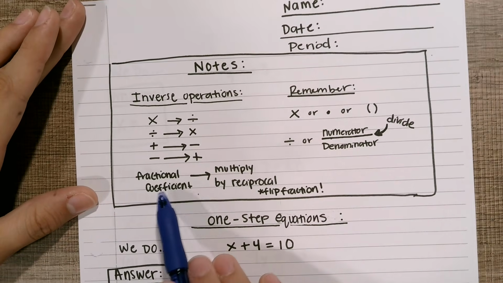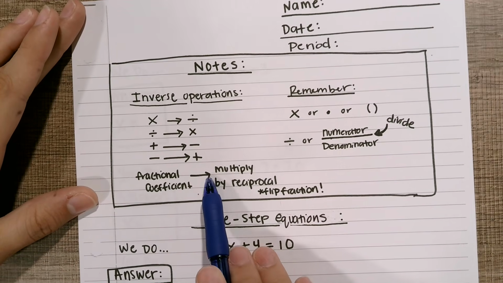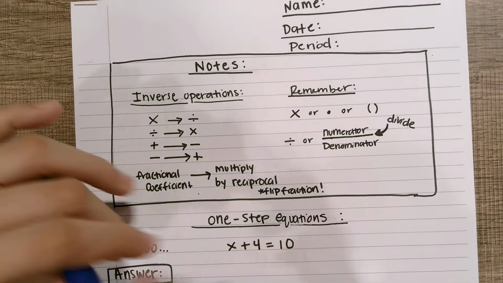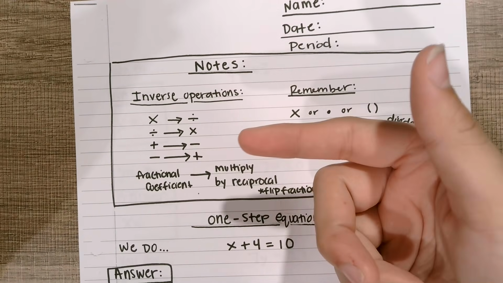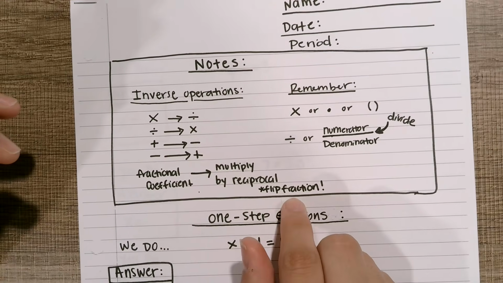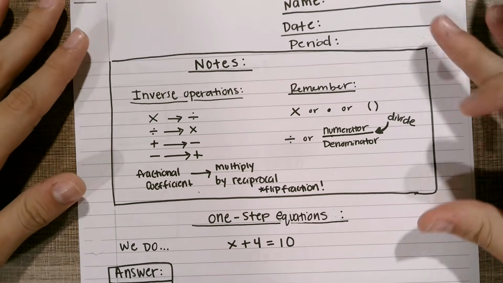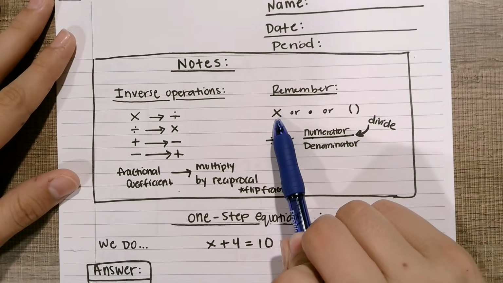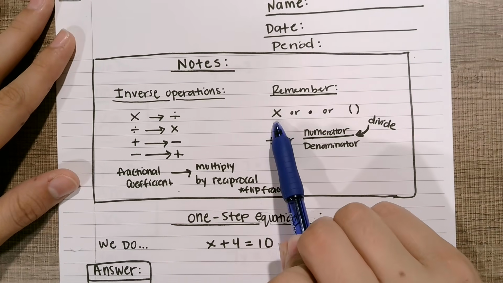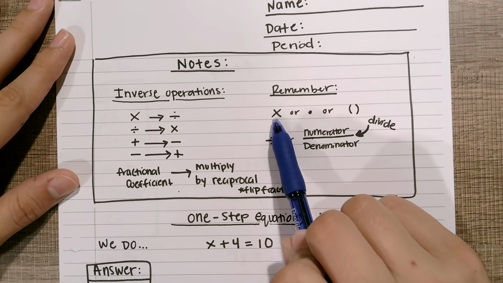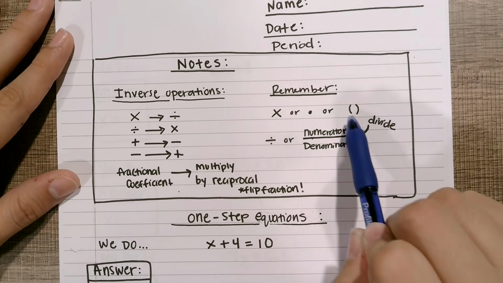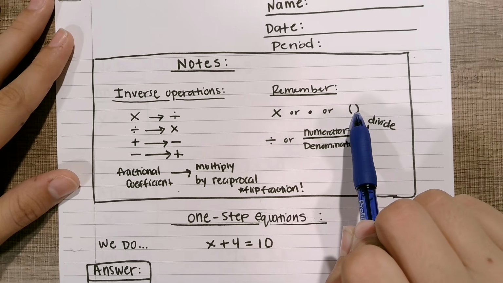For a fractional coefficient, the inverse is going to be multiplied by the reciprocal. If you remember, we did reciprocal. It's when you flip the fraction. Something that we need to remember is that multiplication can look different ways. It can look like the classic multiplication symbol, like an interpunct, which is kind of like a floating period, or it can look like parentheses.